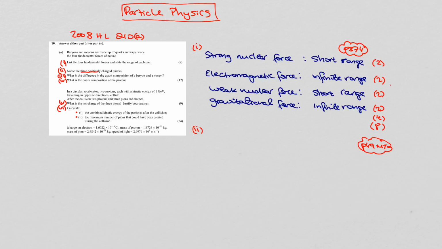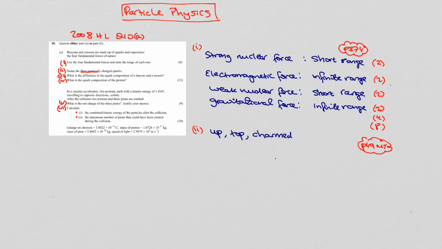If we look at that table, we can see up has a charge of 2/3, whereas strange has a charge of -1/3. So we're only going for the ones that have a positive charge. That would be up, and then top also has a charge of 2/3, and then charmed also has a charge of 2/3. So all of those have a positive charge.